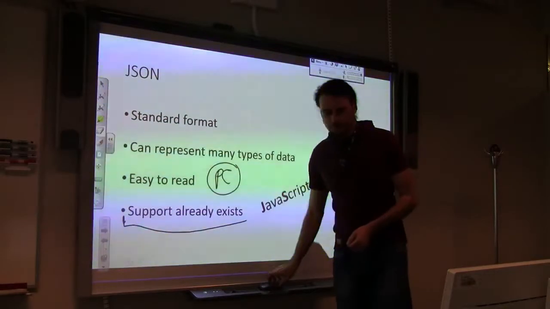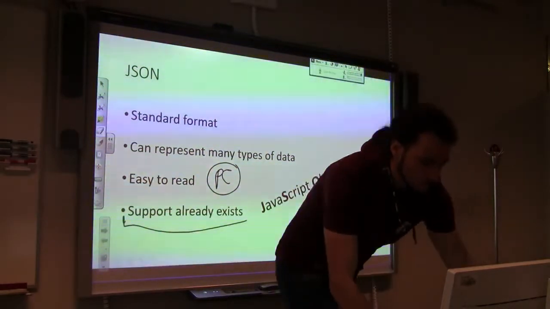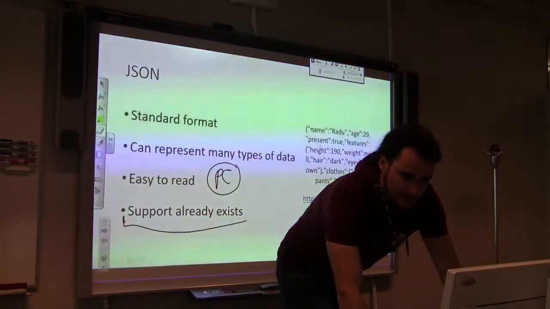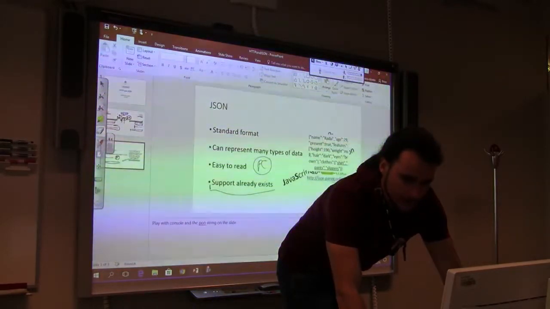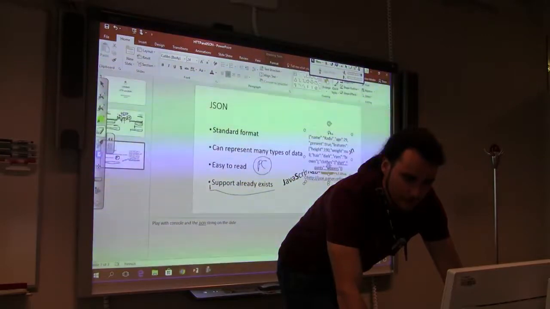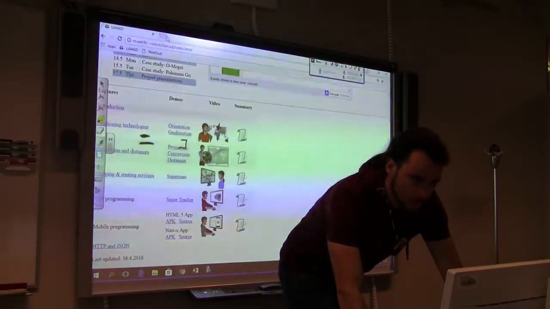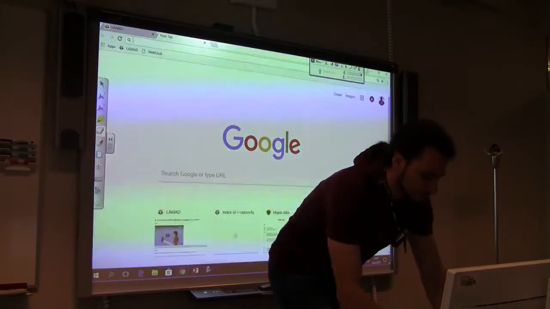Okay, now I'm going to go back to this text example here, and I pasted here a web link, a JSON parser online. If you want, you can Google for JSON parsers.